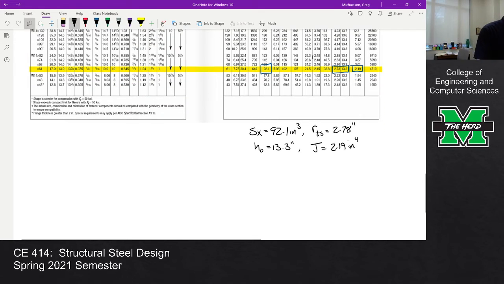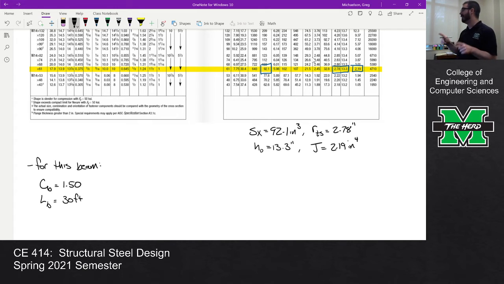Now, don't forget that for this beam, CB was given to be 1.5 and LB was given to be 30 feet.